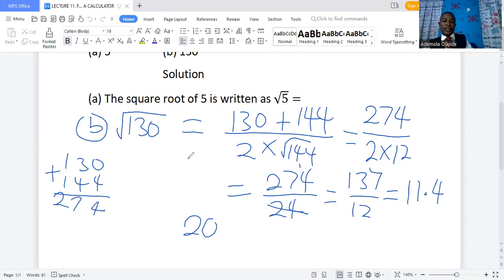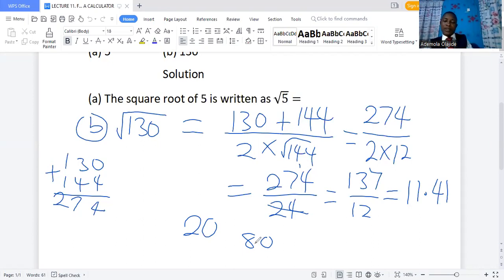So 12 in 20 can only go once. If you subtract 12 from 20, you have 8. Since that 8 is the remainder, add 0 to it, 12 in 80.